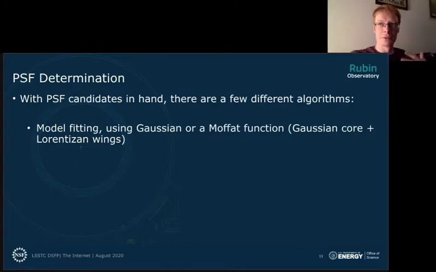And there are fancier versions of this, like the Moffat function, which is designed to have a Gaussian core, but bright wings reflecting what actual telescope optics tend to produce. But it's a sort of older style that's not used so much.